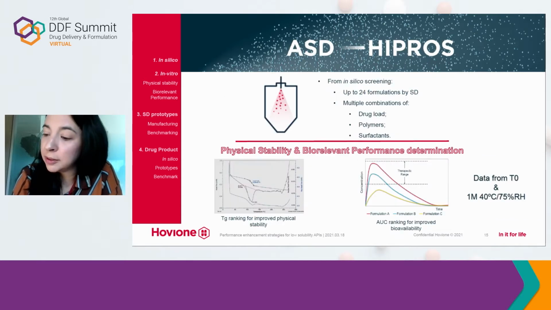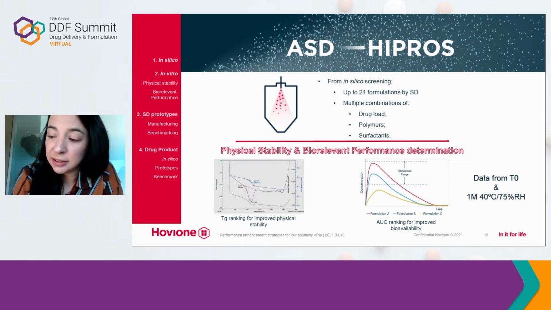Manufacturing is performed on a lab scale unit under standard conditions, followed by a secondary drying step to ensure the removal of organic solvents. And then the analytical characterization takes place. It will provide the insights of thermal events, as mentioned before, like Tg value, the absence of crystallinity or phase separation, and the biorelevant dissolution to evaluate the degree of enhanced exposure provided by the formulations produced.